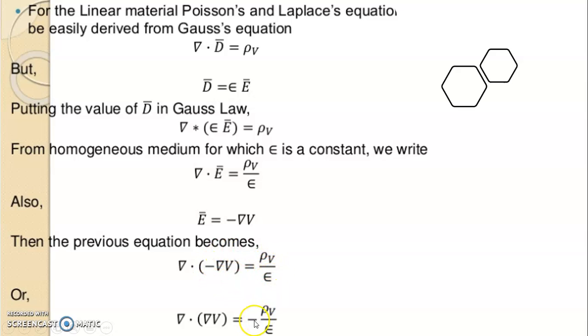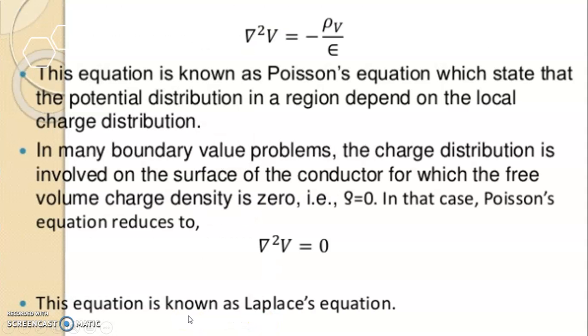Taking the minus sign to the right hand side, we get del dot del V is equal to minus rho V upon epsilon, or del square V is equal to minus rho V upon epsilon. This particular equation is known as Poisson's equation.